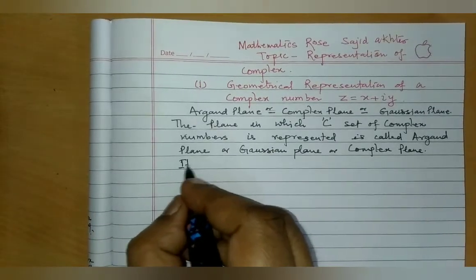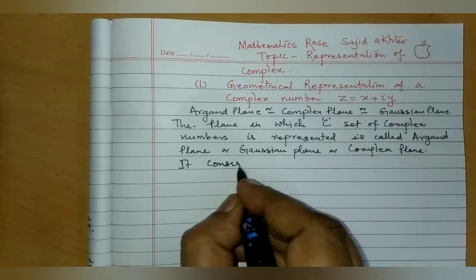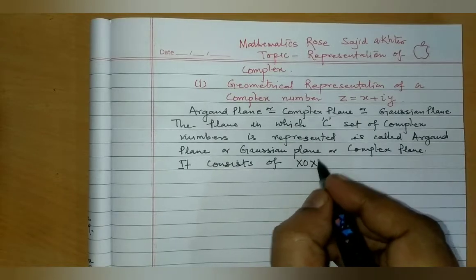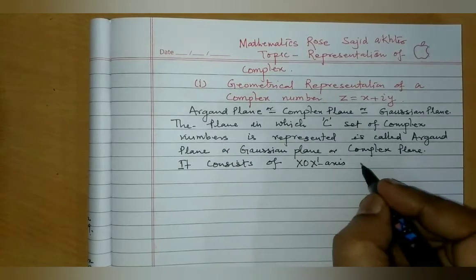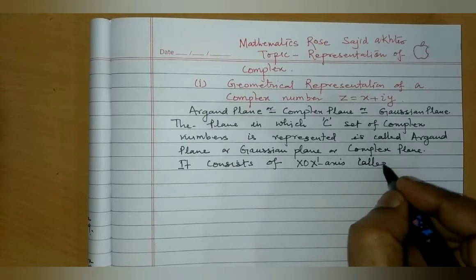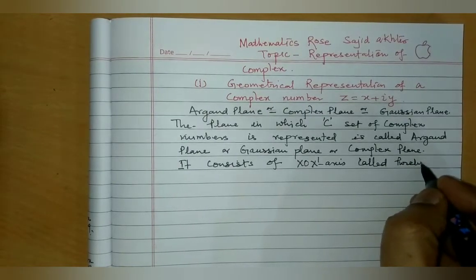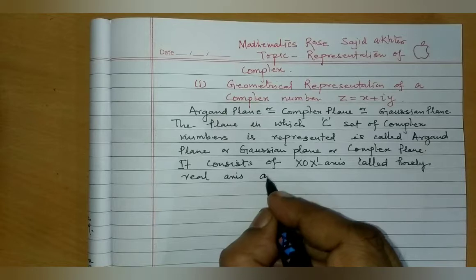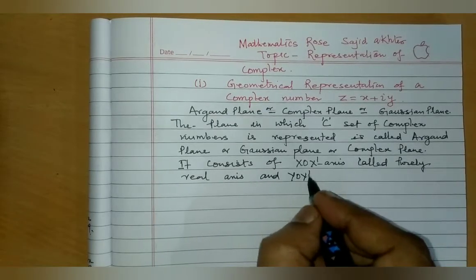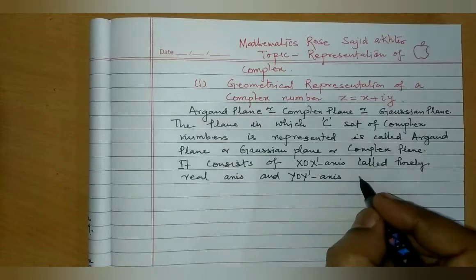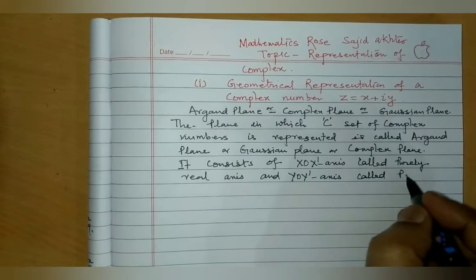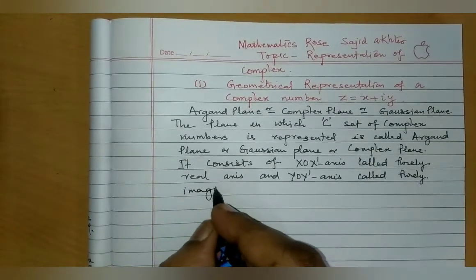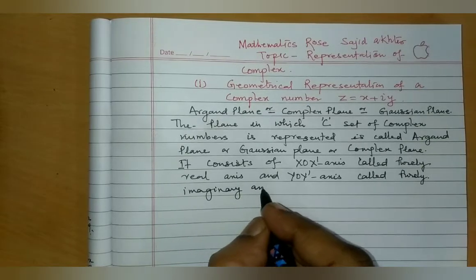It consists of x dash axis, called purely real axis, and y dash axis, called purely imaginary axis.